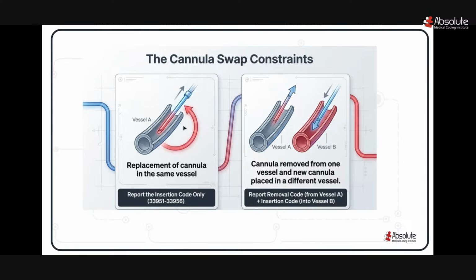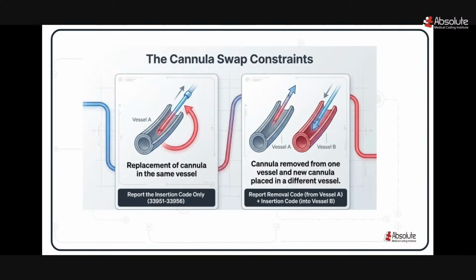Now let's look at the image on the right side. This time, the cannula is removed from vessel A, and in vessel B we are placing the cannula. So here it's a different coding situation.